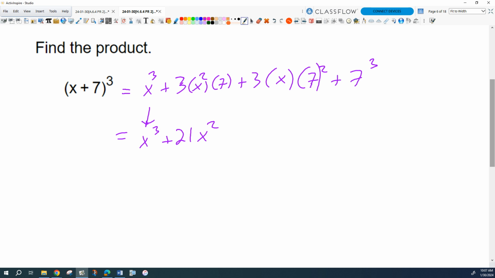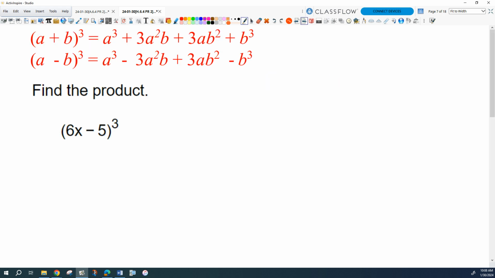So 3 times 49 would have to be 3 less than that, right? 7 cubed? 343. Yeah, that's good. Okay? Good. Make sense?